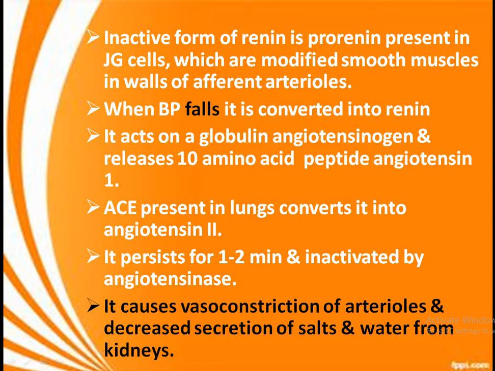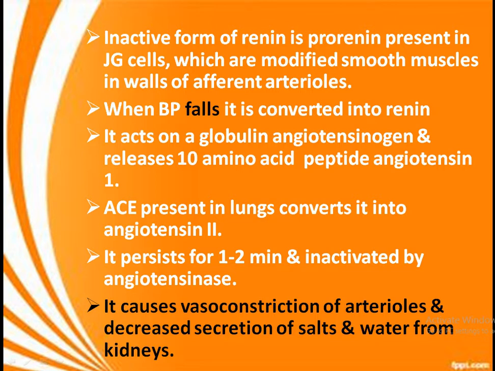What are the juxtaglomerular cells? That will be discussed somewhat later, but you must here focus on the renin which is present in inactive form. Now it becomes activated when there is decrease in the blood pressure.